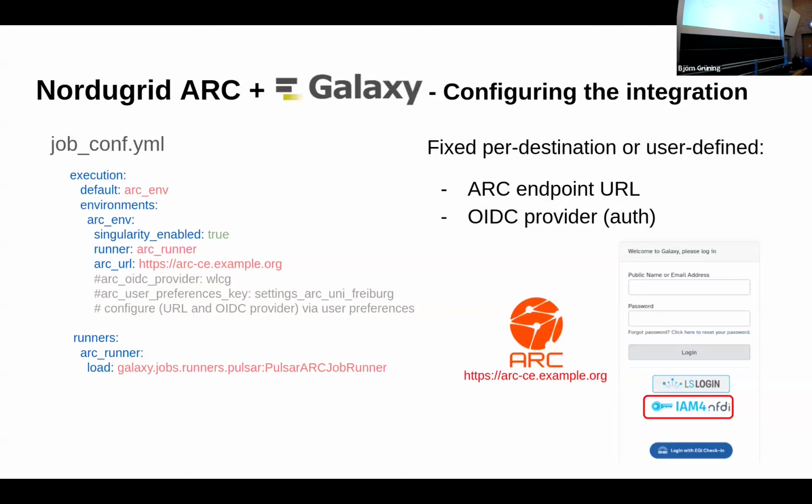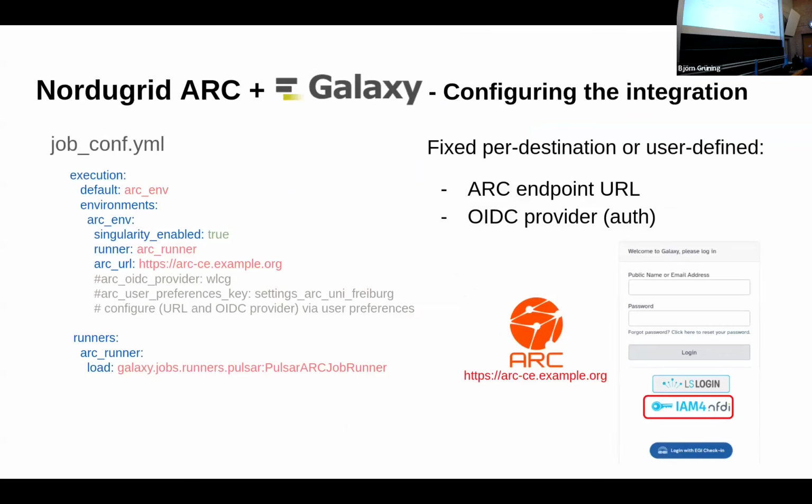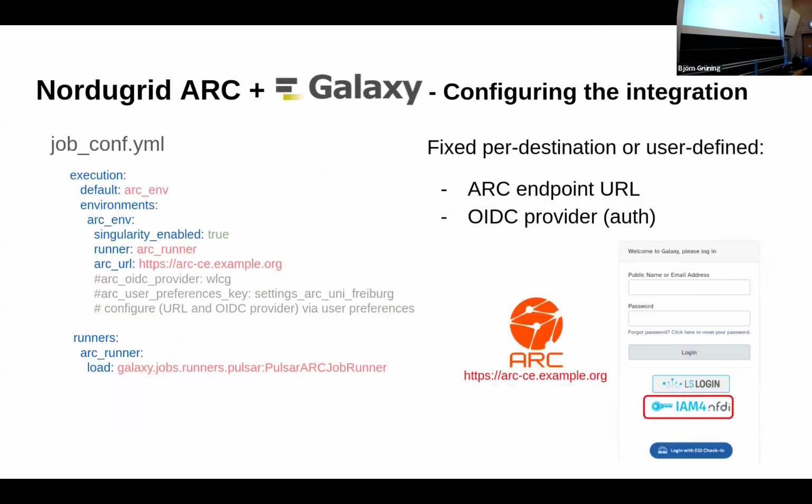Then you can configure an endpoint, any endpoint that you wish to use. Then also for the authentication, as I said, it can use either JSON Web Tokens, which are actually a kind of OIDC token, or X509. We decided for the integration to use OIDC tokens because Galaxy already has login providers based on OIDC. So that was the most frictionless way.